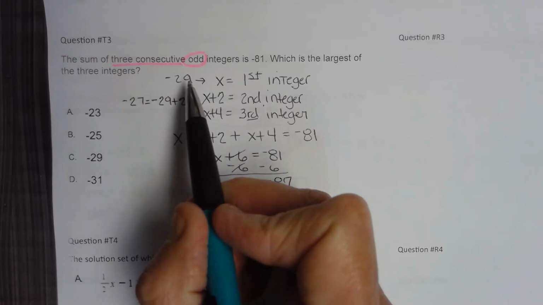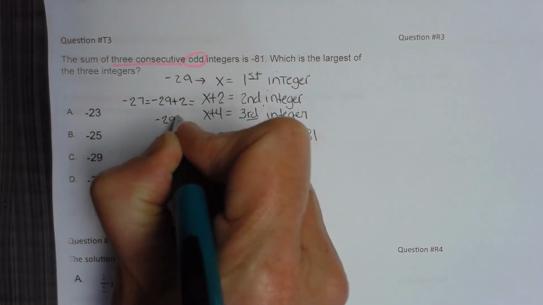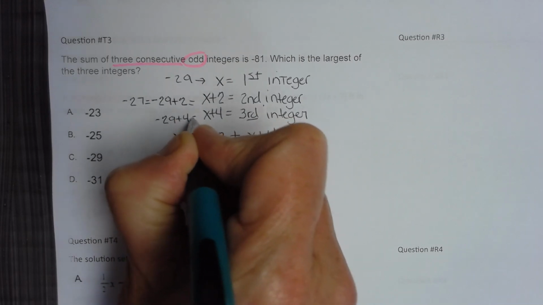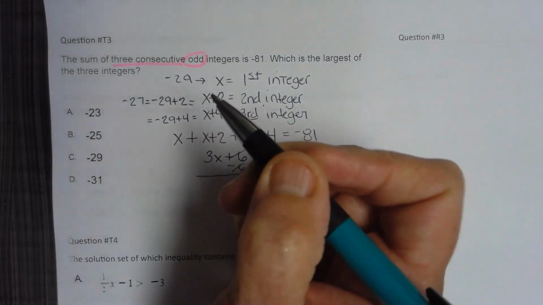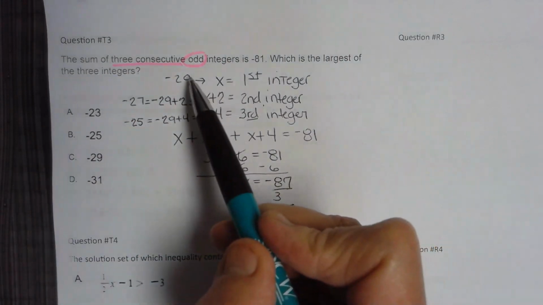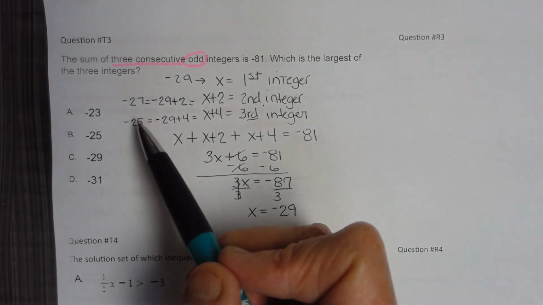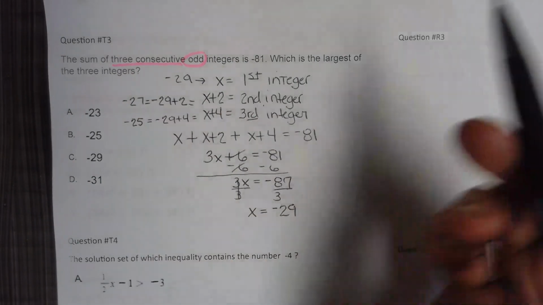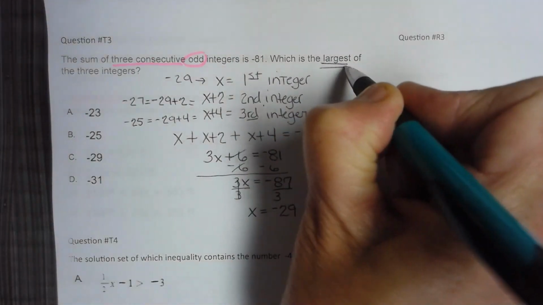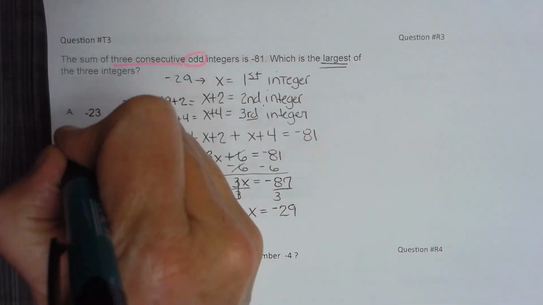For my third integer, I go back to my first one and I add 4. So that's going to be negative 25. So my three integers are negative 29, negative 27, and negative 25. And the largest of those is negative 25.